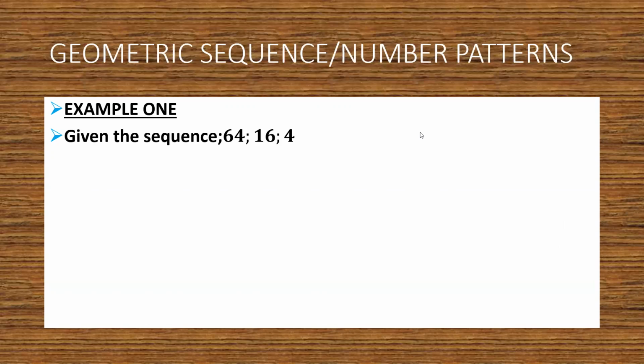The general term is the Tn formula. Tn equals A R to the exponent power of n minus 1.